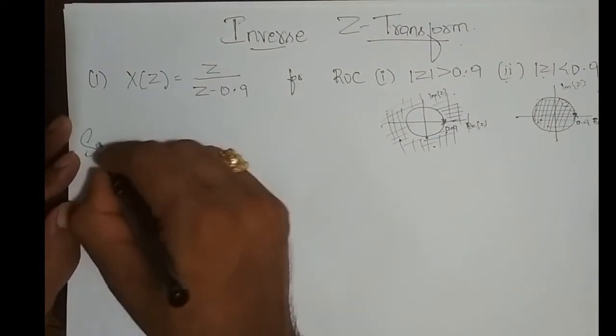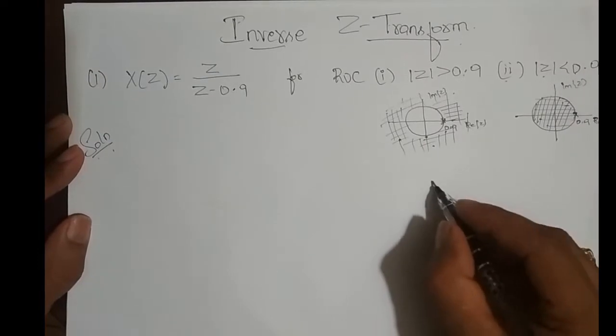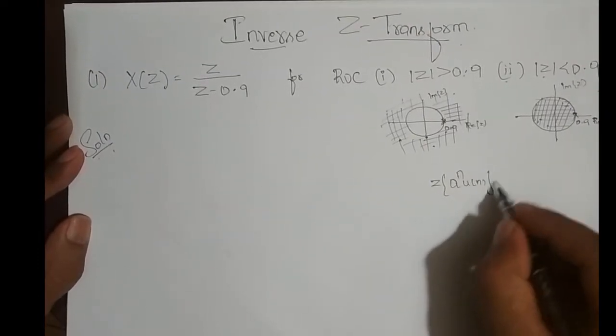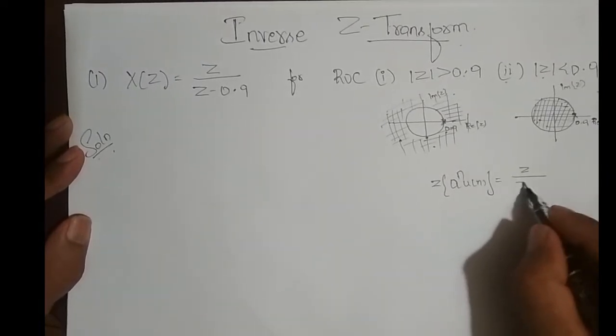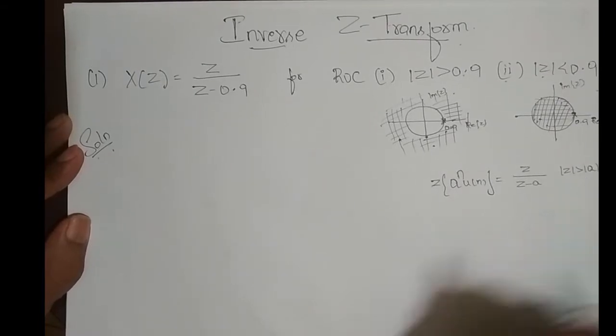So now the solution, we'll try to solve this problem. What is the Z transform of a power n u of n? It is z divided by z minus a, with ROC magnitude of z greater than magnitude of a.